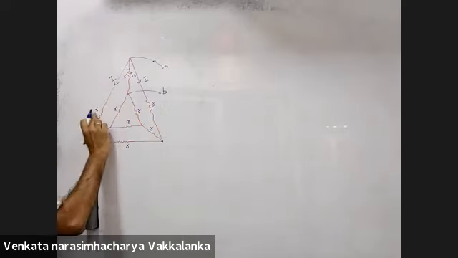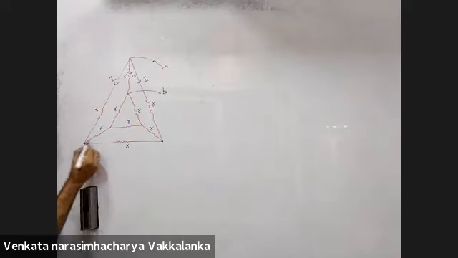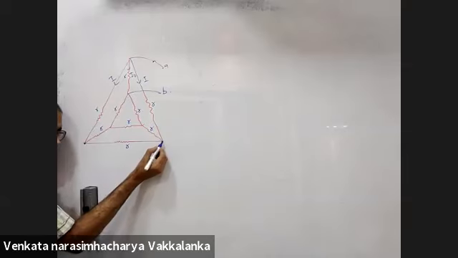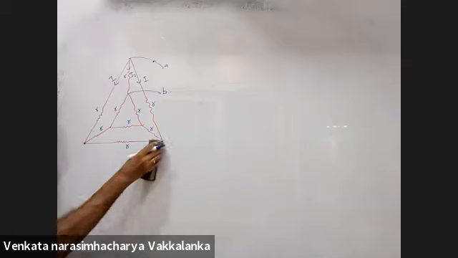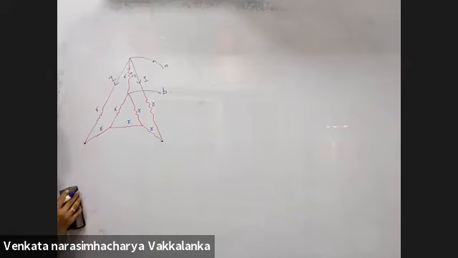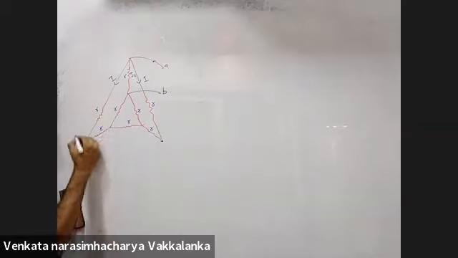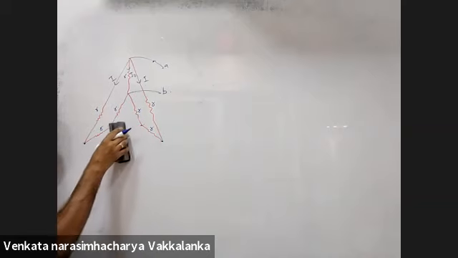Same current after crossing one resistance each will be equipotential. Yes or no? Yes, sir. Agreed? Yes, sir. After crossing two resistances each, again it will be equipotential. Yes, sir.